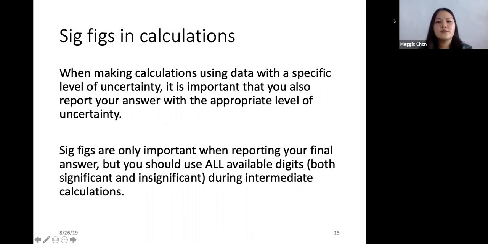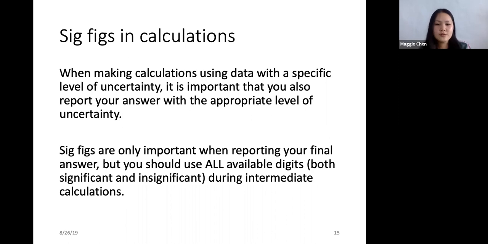When making calculations using data with a specific level of uncertainty, it's important that you also report your answer with the appropriate level of uncertainty. When you do calculations and put your numbers in your calculator, it could give you more detail than you're actually given at first. If there are more numbers than the instrument that you first used could give you, then you would have to tone it back down, remember the context that you're given, and report it at the appropriate level of uncertainty.